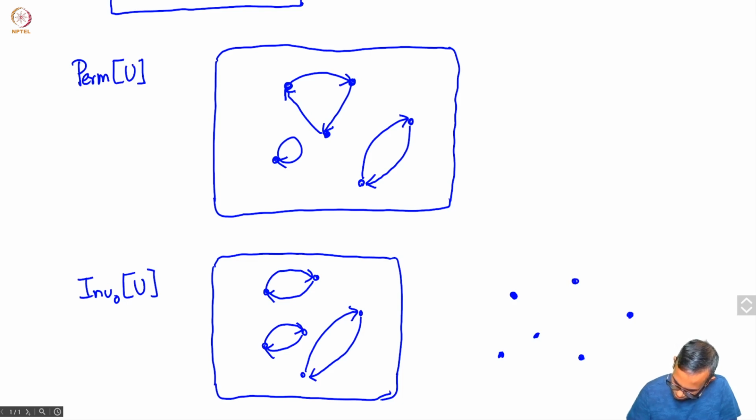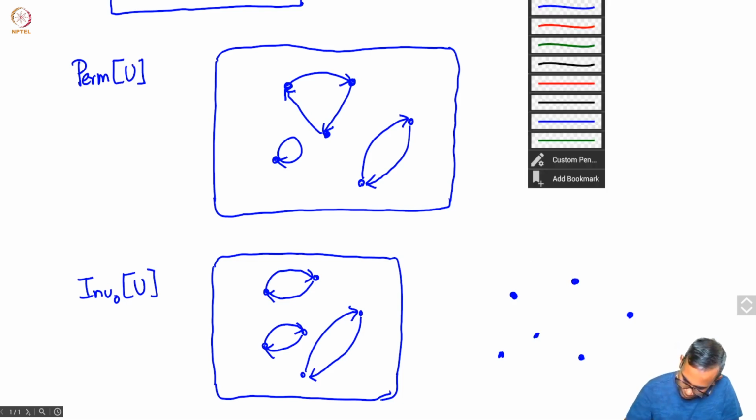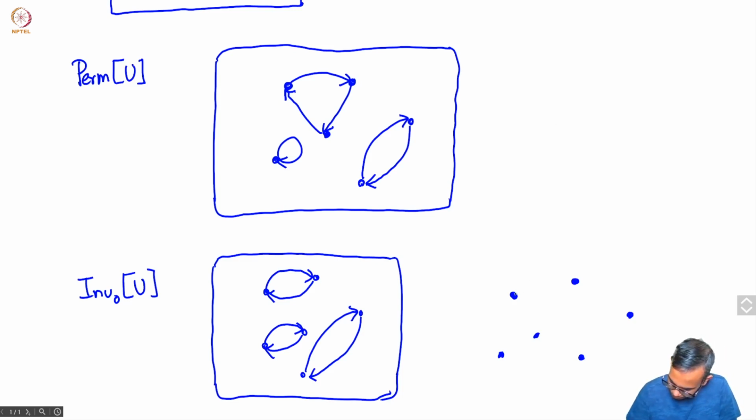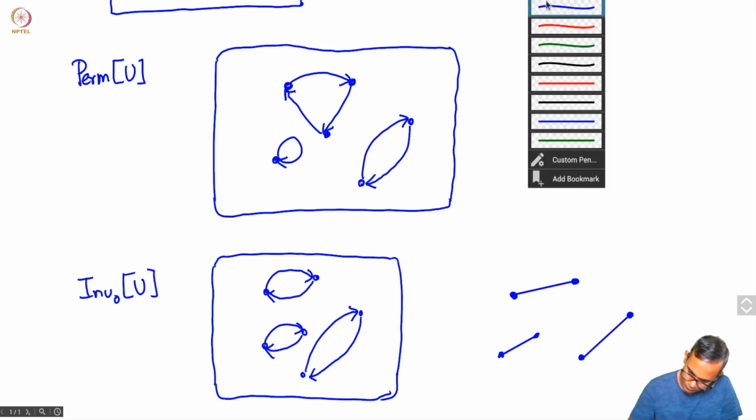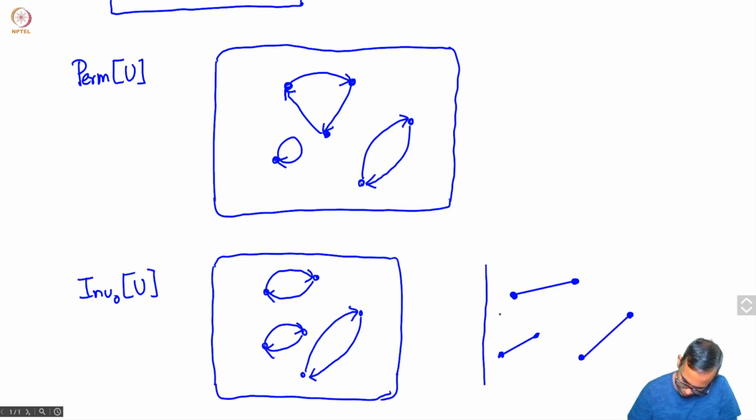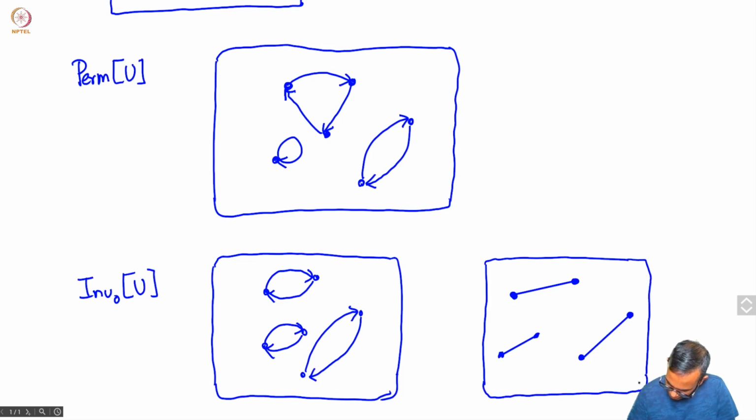Let's just make these dots a little bigger, and this is the species M2 of U.